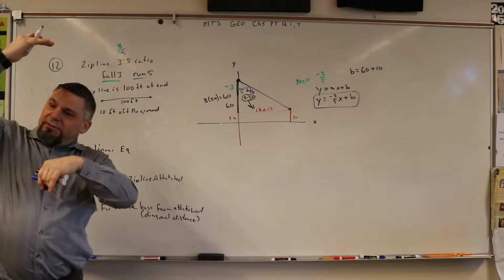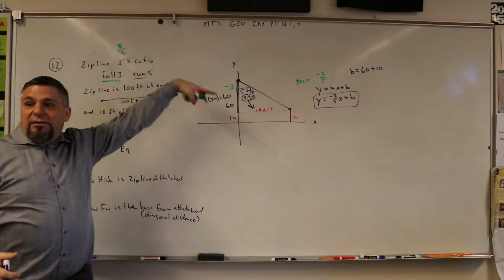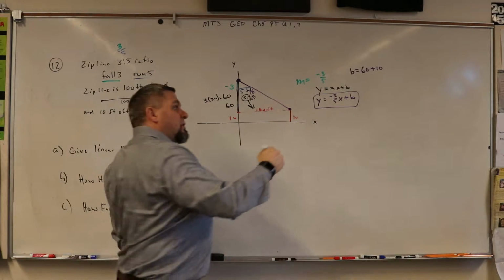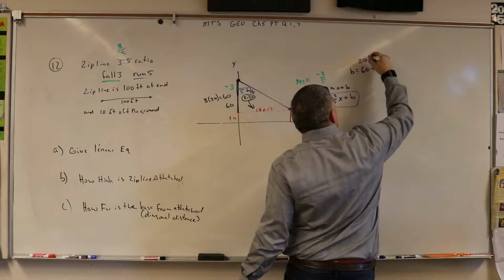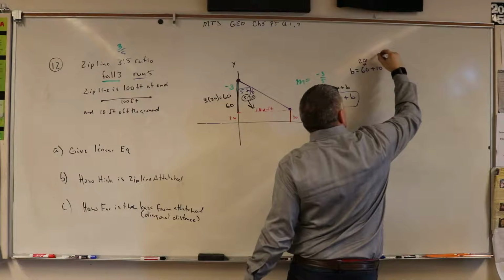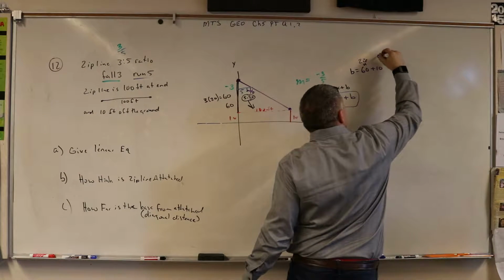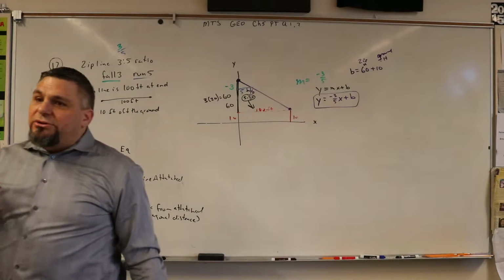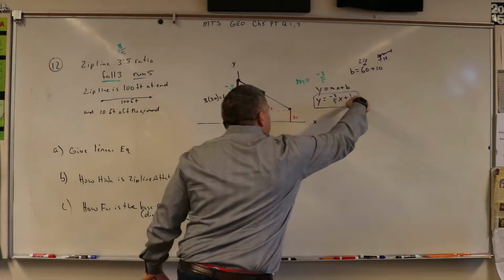So b is equal to 60 plus 10: the height of the zip line and the height the zip line is off the ground. We're adding those two pieces, so now we know that this is 70.